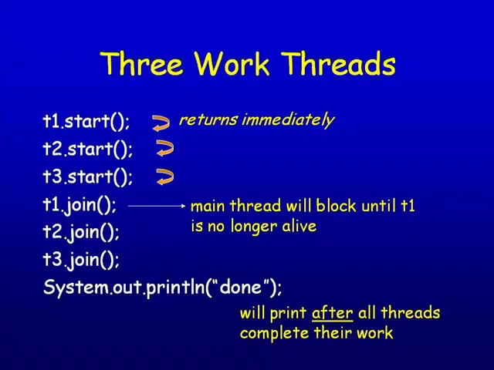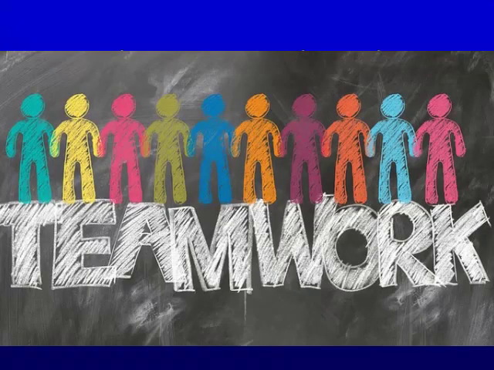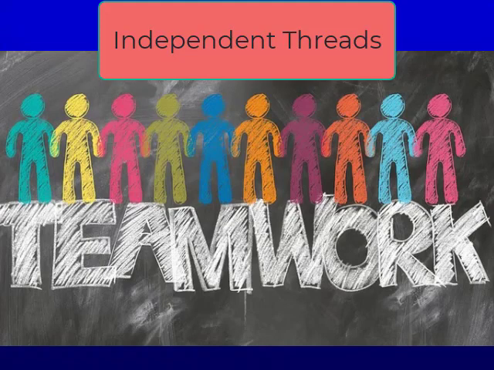When T2 finishes, we then go down to T3.join, and T3 can either be finished or not finished, but we are guaranteed that we will not see System.out.println done occur until after all threads have completed their work. And so this is an example of how you can partition work among different threads and hang around and wait for them to complete before you go off and do something.